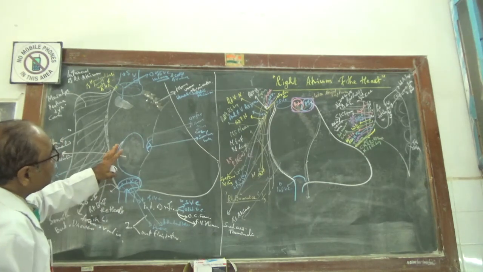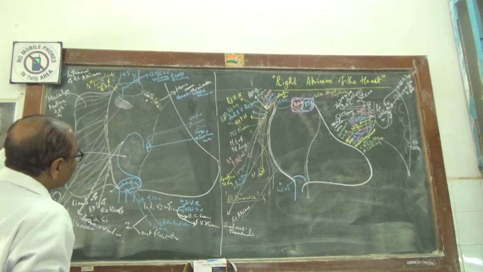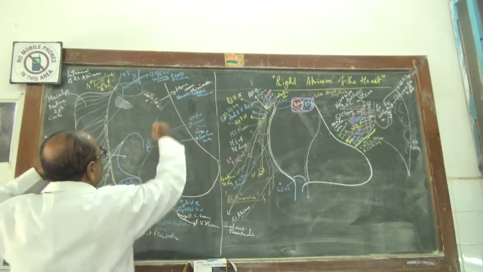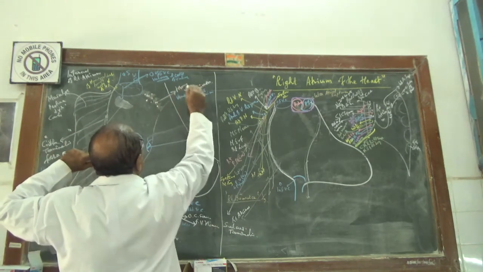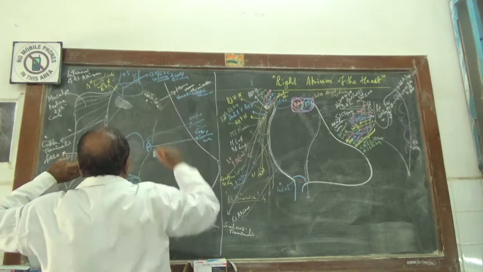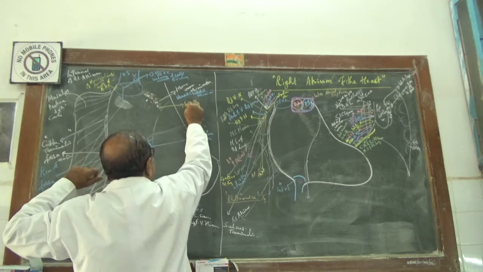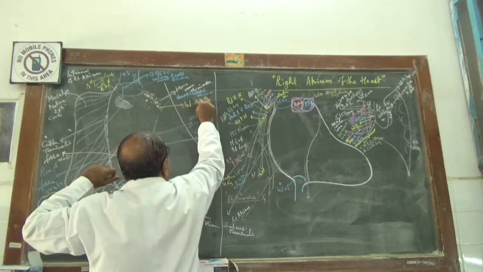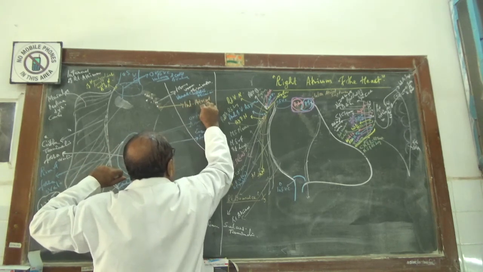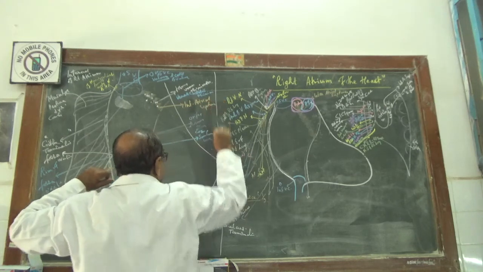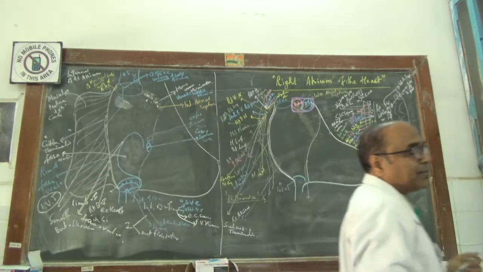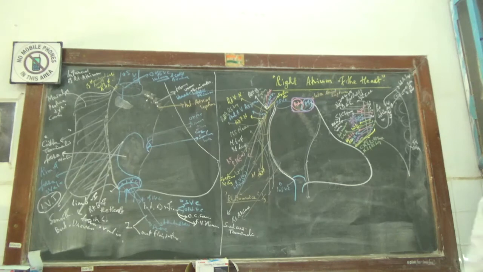Now after having this, you have got the interatrial septum. The interatrial septum is a partition between the right atrium and the left atrium.